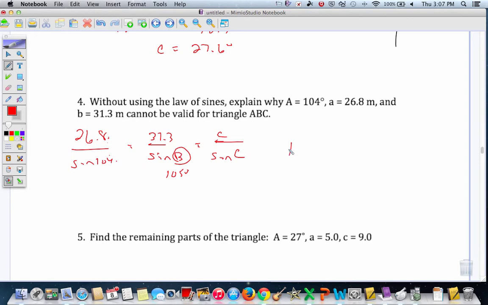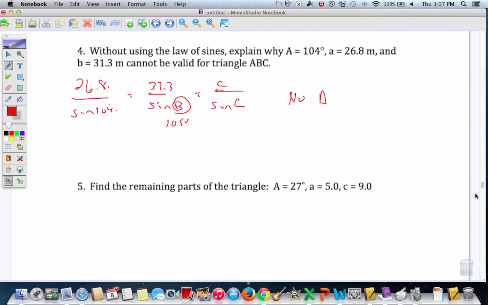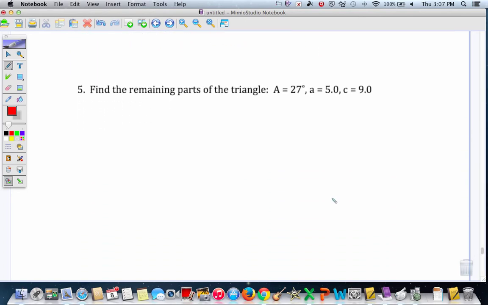So even if I made it 105 degrees, that's 209 degrees. I don't have room for a third angle, so I can't have an angle larger than 104 across from 31.3. So there is no triangle here because of the angles and the sides not being in the same ratio.